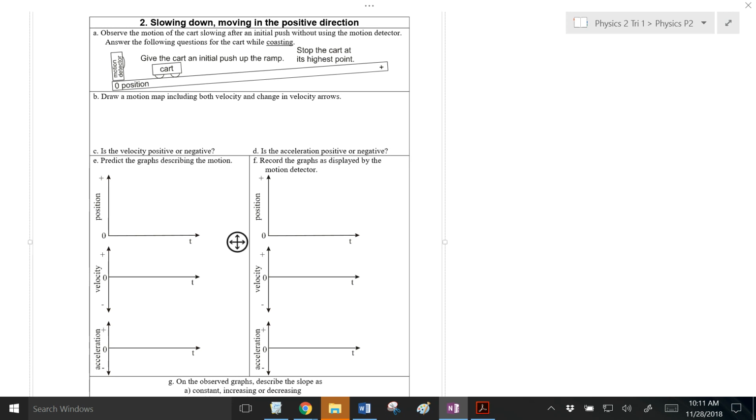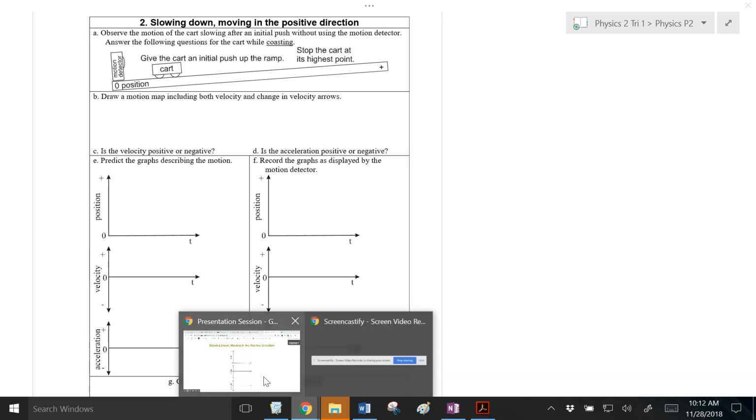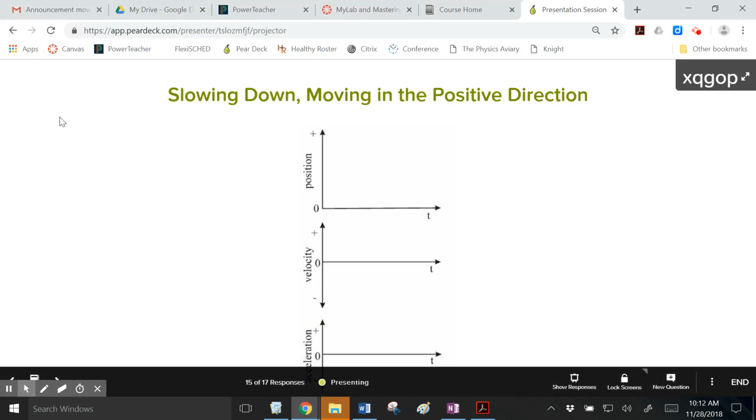Join us, won't you? All right. Now there's some differences. Let's see if I can pick those out. Oh boy. Do I have all the differences? I think so. All right. Pear Deck. Don't grind my gears.